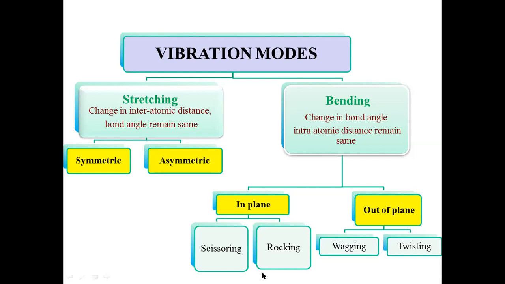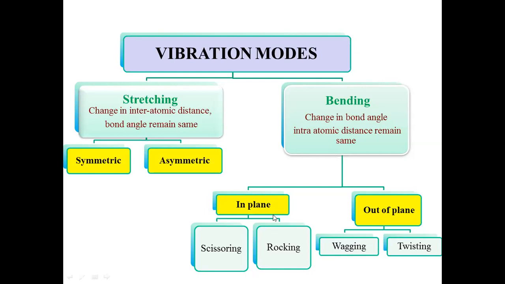Whenever the atoms which are vibrating remain in the same plane, we call them an in-plane bending vibration. While if, while vibrating, the atoms change their plane, we call them an out-of-plane bending vibration.